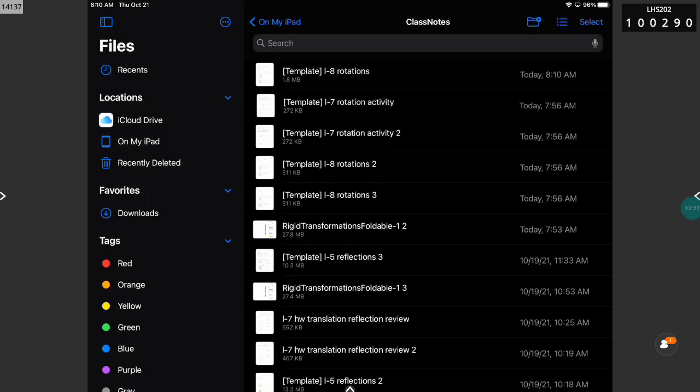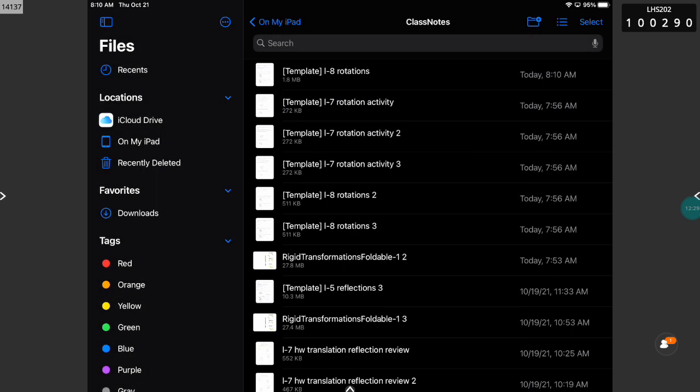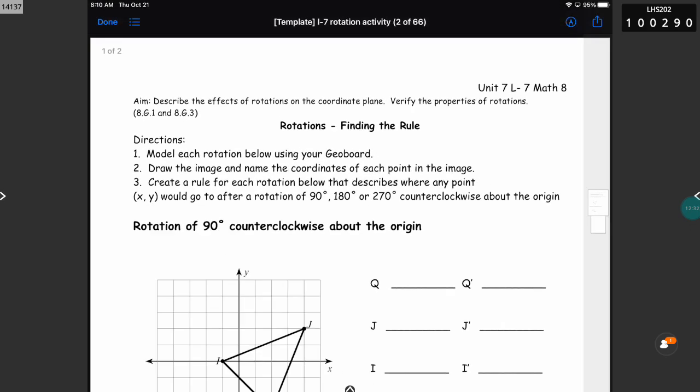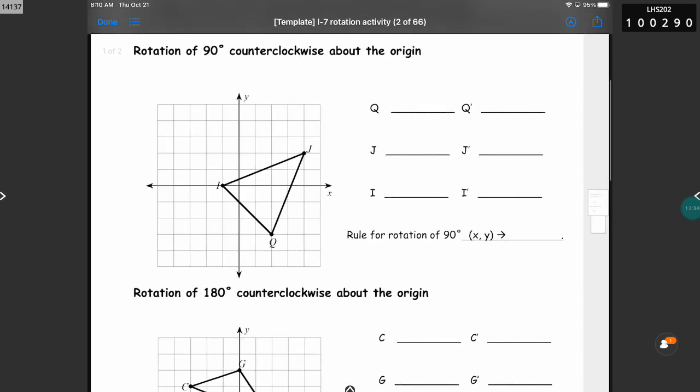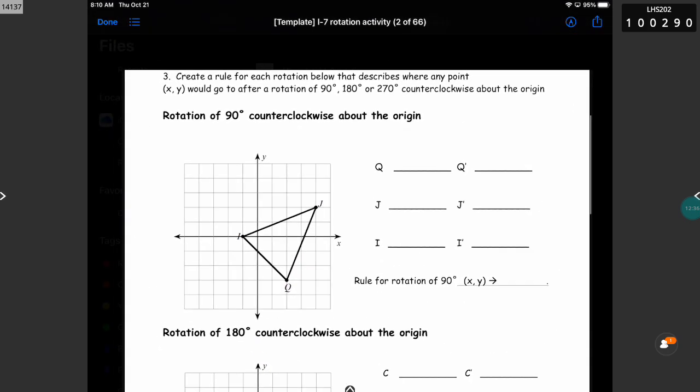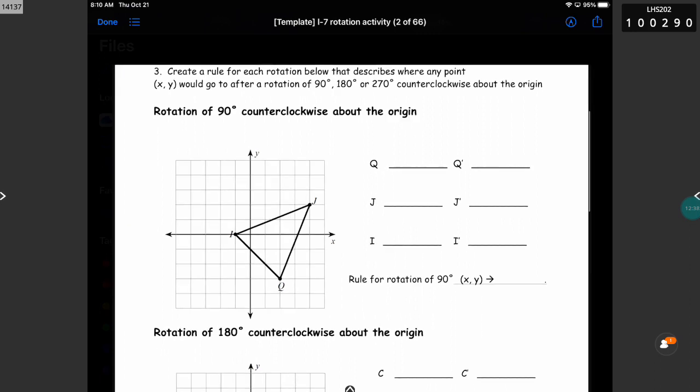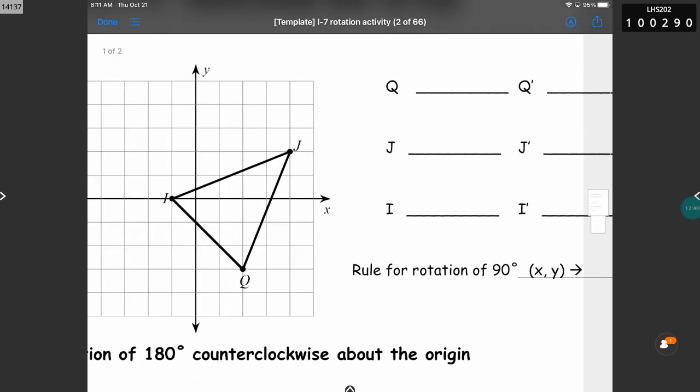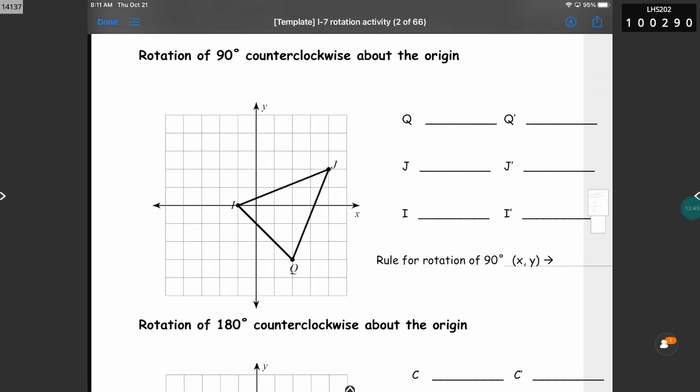So, if I am here, and I need to find the rule, it says rotation of 90 degrees counterclockwise about the origin. All right, what is Q right now? Where is Q? +2 and -3, okay?